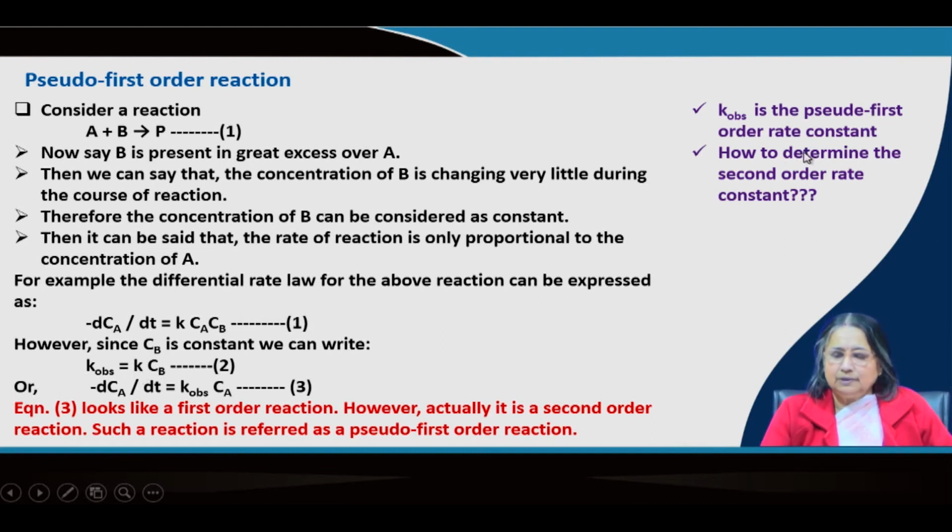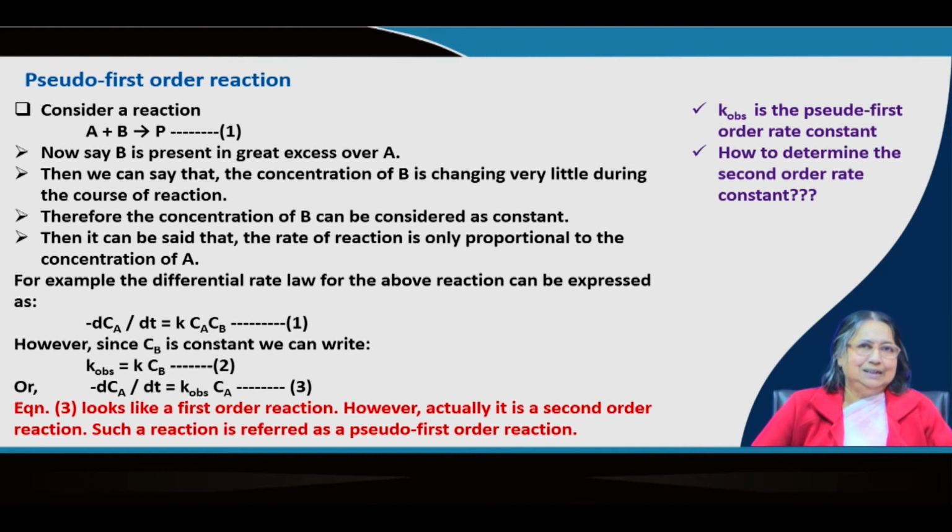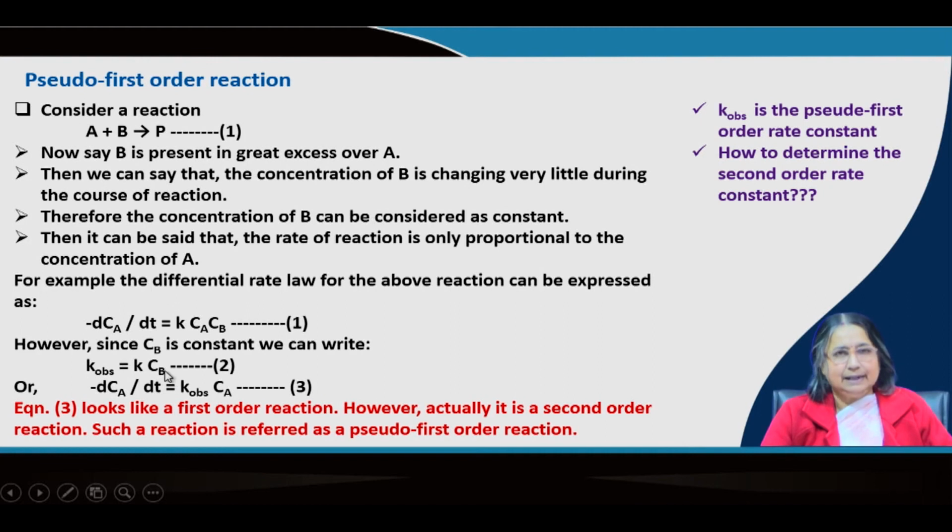K observed is the pseudo first order rate constant, but to know the actual second order rate constant, we will determine K observed at different concentrations. We do the reaction at different concentrations of B. So, we will vary CB and determine K observed. Then we will draw a curve, and from the slope we can determine K. This is the second order rate constant.